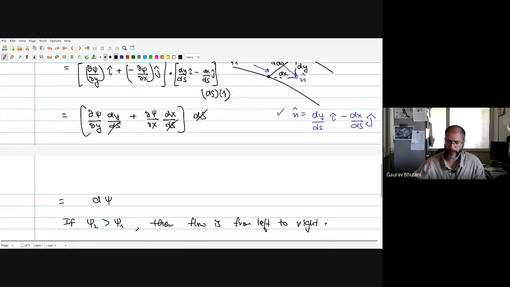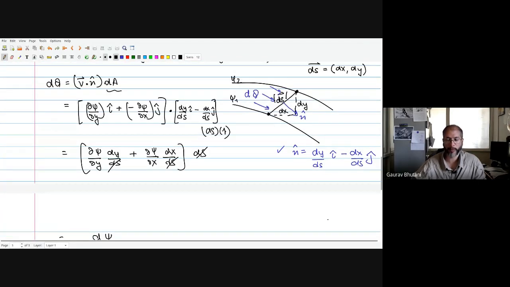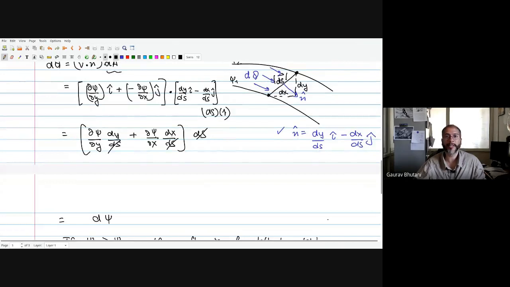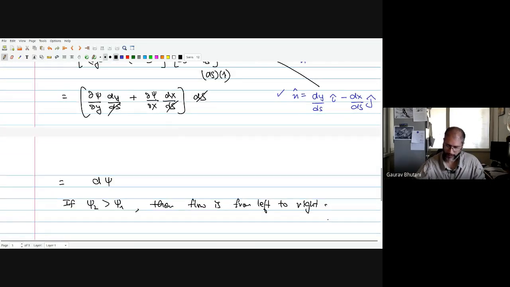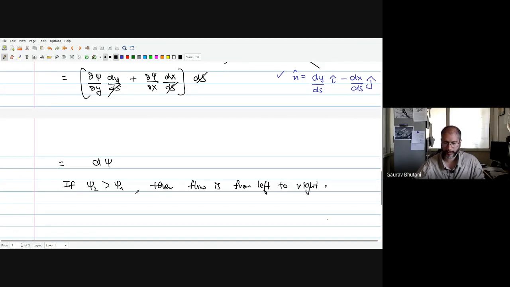Now, if for the same choice of normal, psi 2 was less than psi 1, then d psi will be negative, so dq will be negative. Now, dq being negative physically does not make sense. You can't have a negative volume flow rate, but what this means is that it will be in the opposite direction. If d psi was negative, or psi 2 was less than psi 1, then your flow will be happening from right to left. But in this case, if d psi is positive, then flow is from left to right.